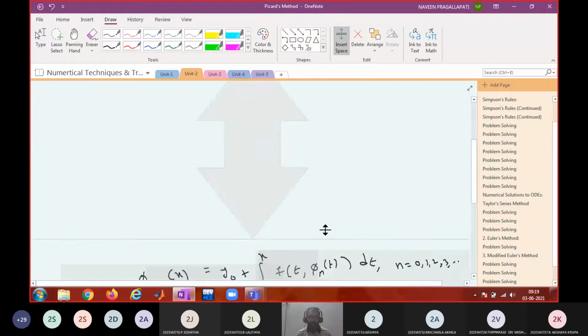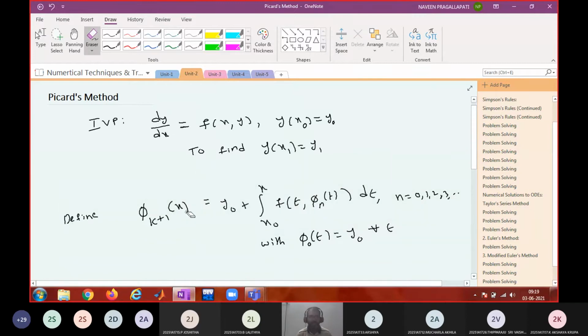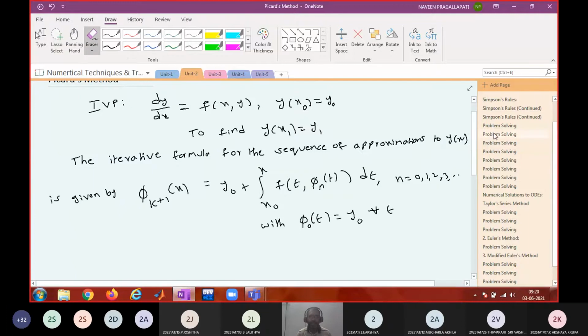Then the iterative formula for the sequence of approximations to y of x is given by this. Did you copy?